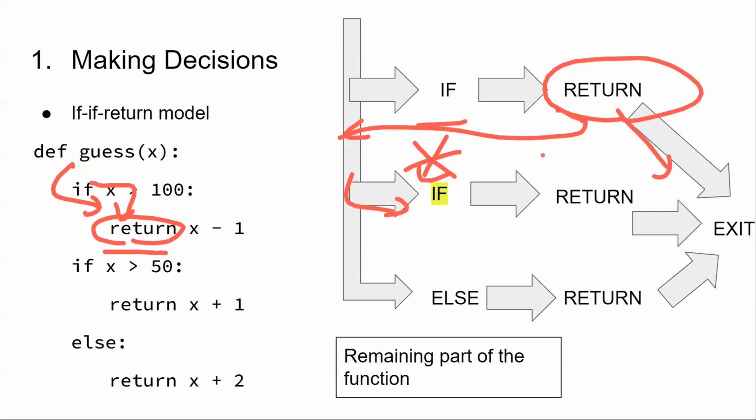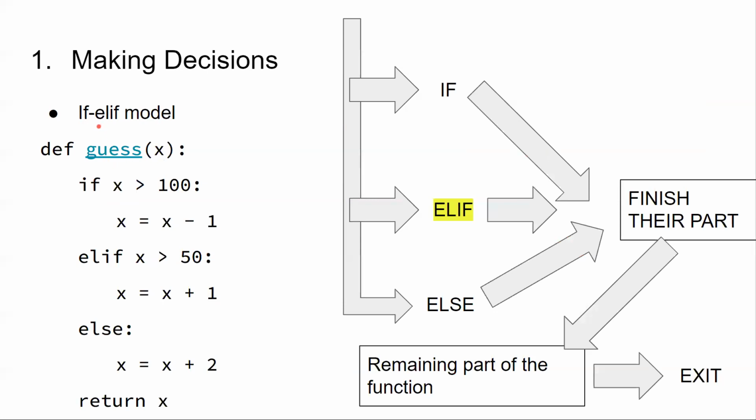Okay. So the next thing is if else if. If else if is like, when I go into the function, if I satisfy the condition, I run it. If I do not satisfy this condition, I jump into another one to see, oh, else if, and if I satisfy it, I run it.